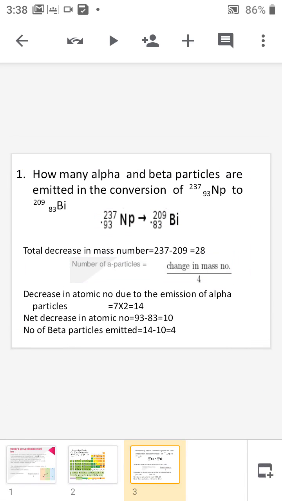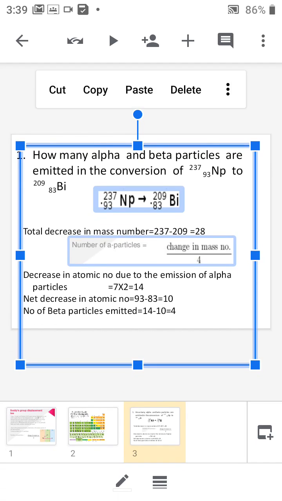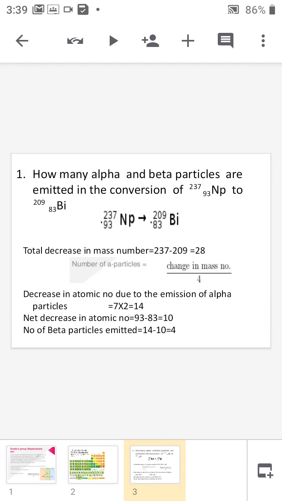And first of all we have to find out the total decrease in mass number of the parent and daughter nuclei. So here it is given the mass number of the parent nuclei, that is neptunium, is 237 minus the mass number of the daughter nuclei, that is bismuth, 209. The difference between 237 minus 209 is 28.